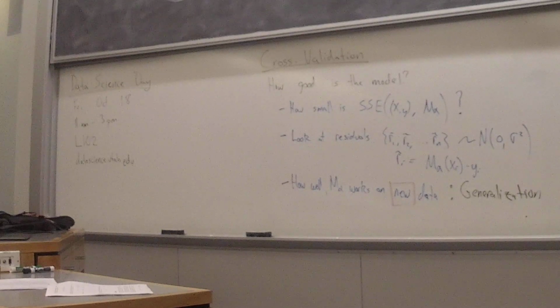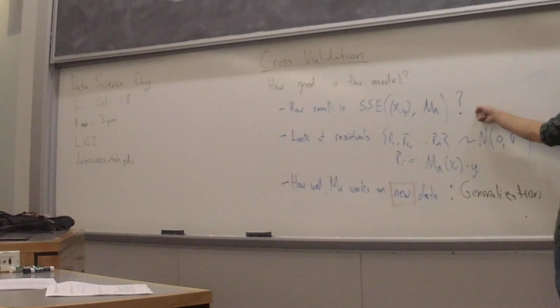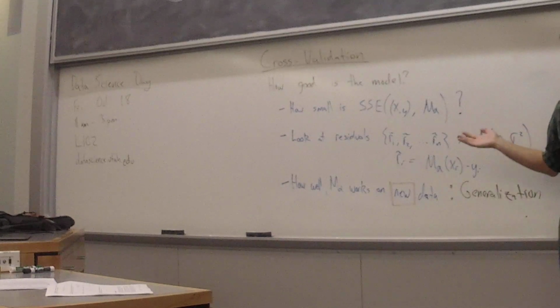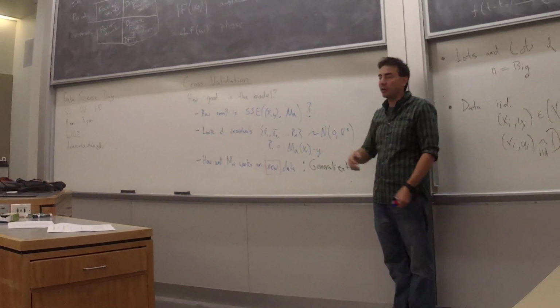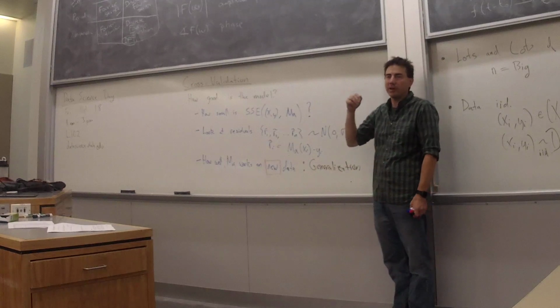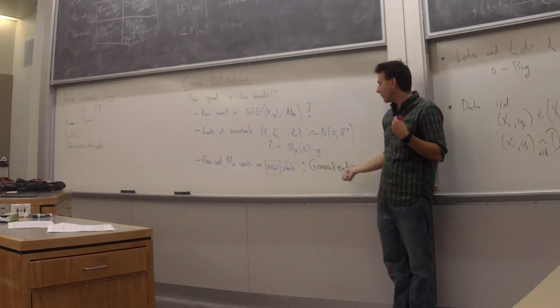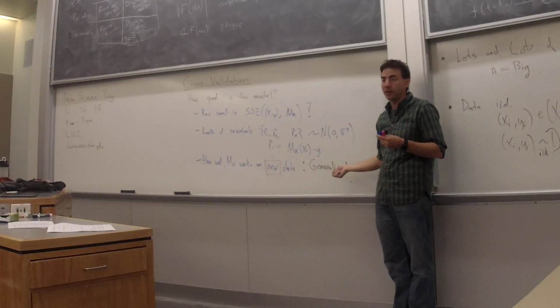Right. So this one is problematic because as we keep making p bigger, the error is just going to keep getting smaller. But that's not really the right answer, because something with a really high polynomial is not going to do well if I try some new data points.